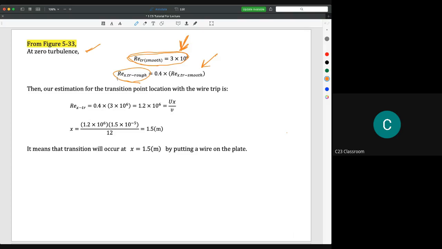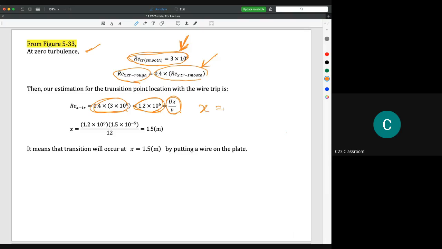Because the smooth one is already given, we could get the Reynolds number for the rough one. Then we know that the equation for the Reynolds number is ux over nu. If we know the Reynolds number from this calculation, we could calculate the value of x.